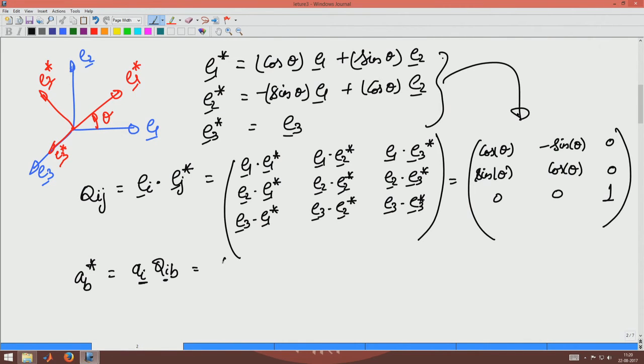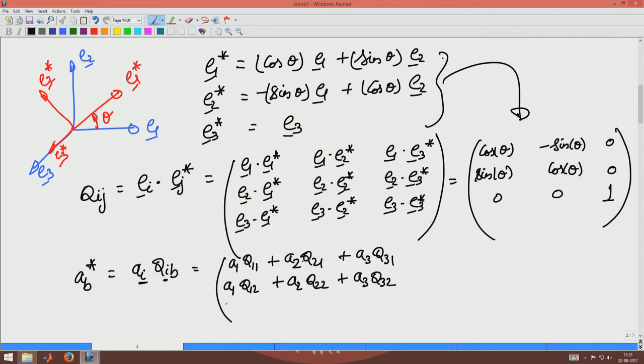So, this means I have a1 q11 plus a2 q21 plus a3 q31, a1 q12 plus a2 q22 plus a3 q32, a1 q13 plus a2 q23 plus a3 q33. This is the meaning of this equation, right.